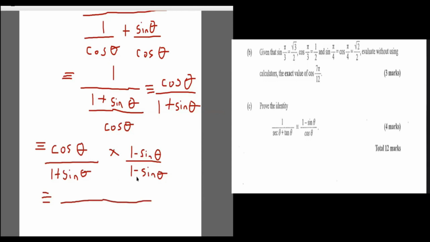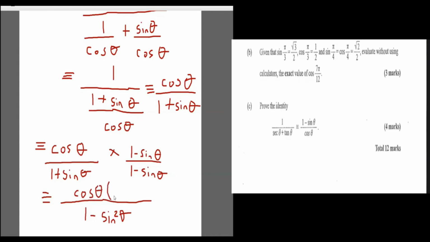This is like a plus b times a minus b, which is a squared minus b squared. So the denominator is going to become 1 minus sine squared theta. Then in the numerator, it's going to be cos theta times 1 minus sine theta.